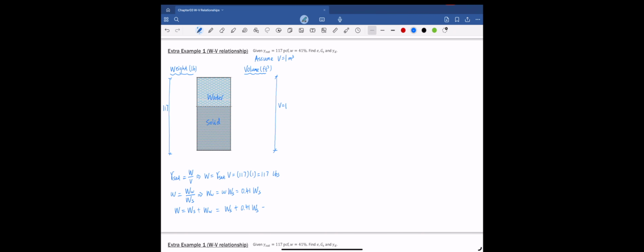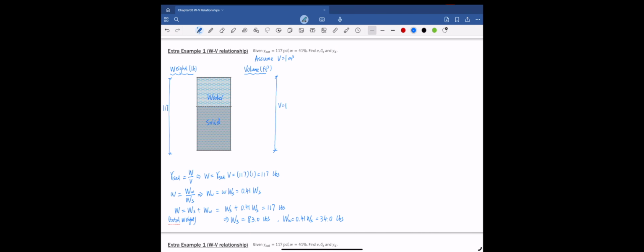This total weight is 117 pounds from our previous calculation. There's only one unknown in this equation, the weight of solids, Ws. To be clear, W here is total weight. From this last expression, we can solve for Ws, which is 83 pounds. Once we know the weight of solids, the weight of water is 0.41, the moisture content, times the weight of solids. That gives us 34 pounds.